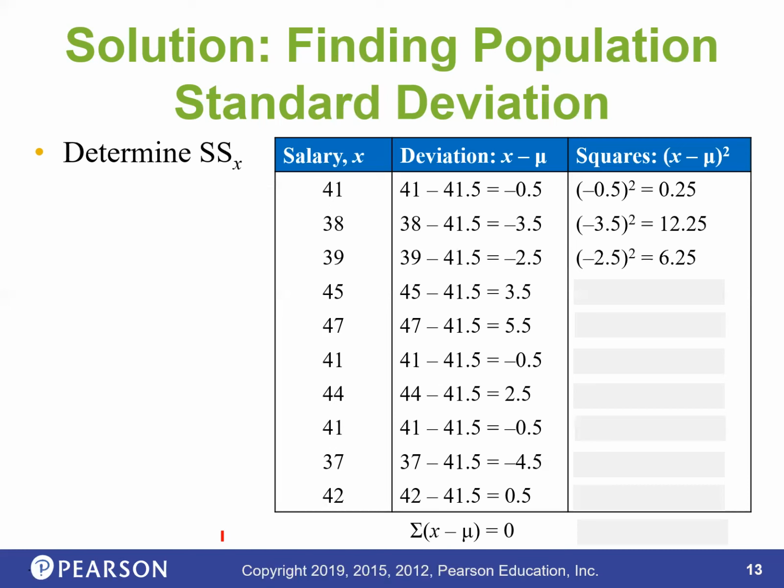Oh, this one's a repeat. This one's a cool repeat. This one you guys shouldn't get repeats now. So this one has to be a 12.25. This is a new one. 5.5 times 5.5 is 30.25. Perfecto. This one is a repeat of my original one.